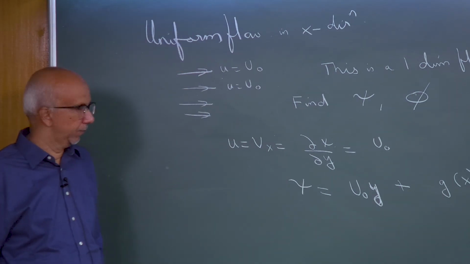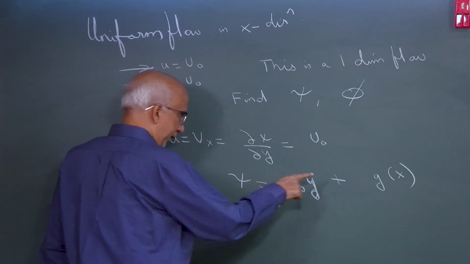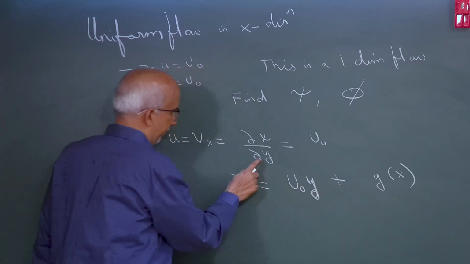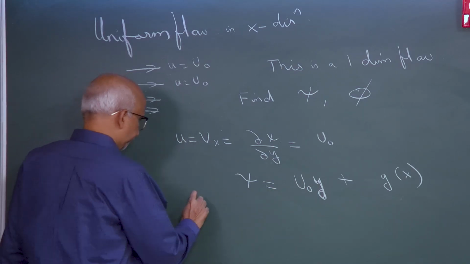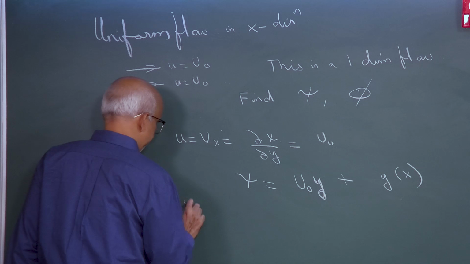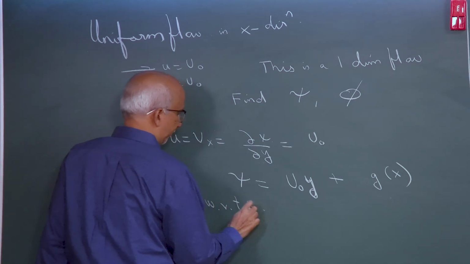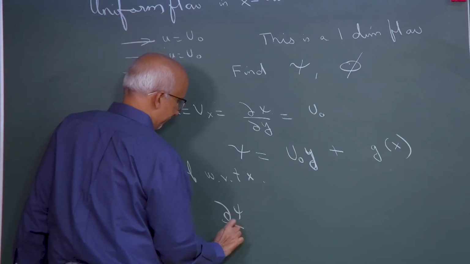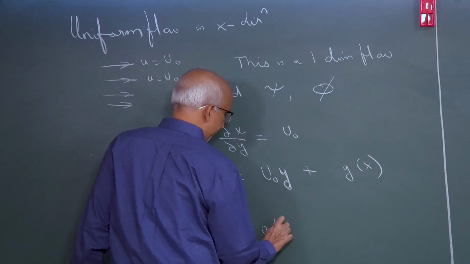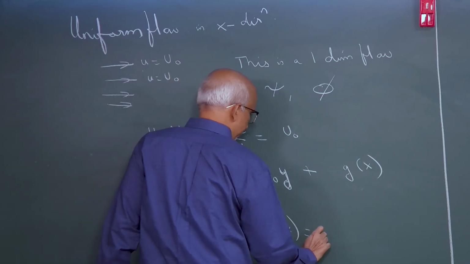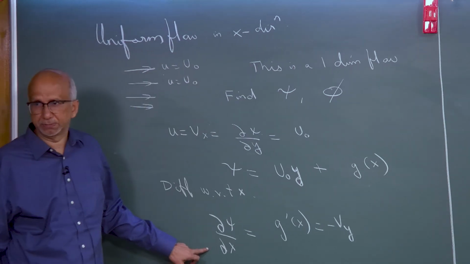And what do I do? I need to find out why this is a function of x, because this is partial with respect to y, I get a function of x. I differentiate this with respect to x. What do I get? d psi by dx equals g dash of x, and this must be equal to minus Vy by definition of the stream function.